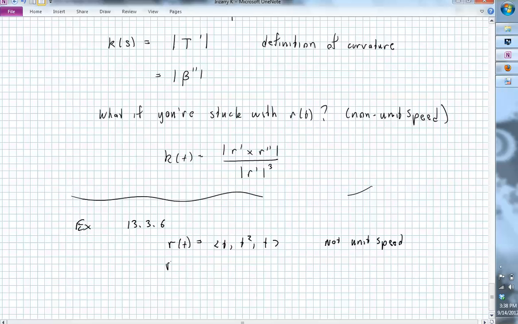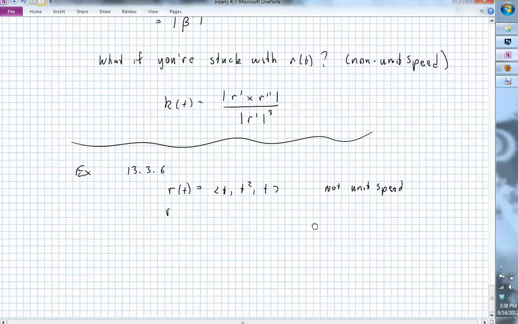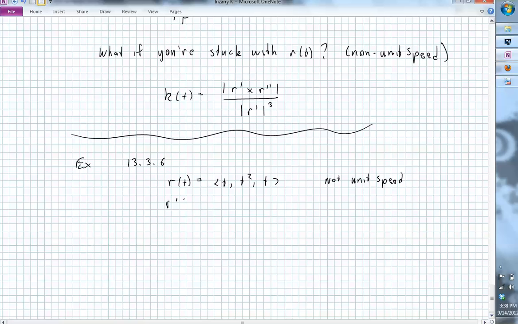Not unit speed. Just start collecting all the things that you need. You need r prime. You need r double prime. Lots of zeros, I like that. I often write it like this because now it's all nice and ready for a cross product.